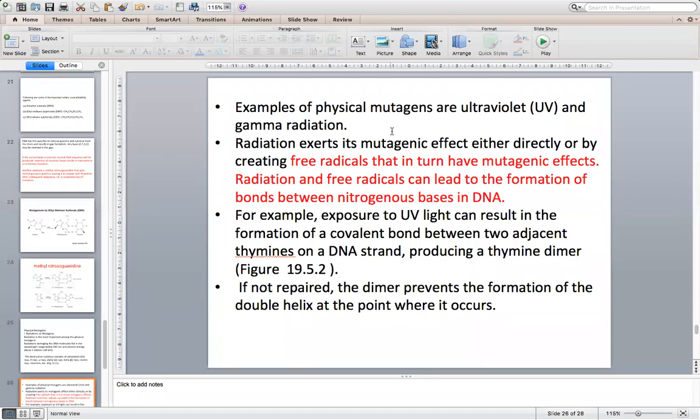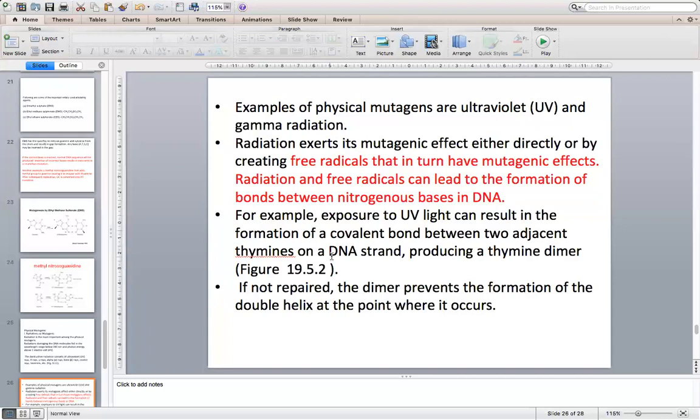So thymine will pair with thymine or adenine will pair with adenine. A good example is exposure to UV light, which results in the formation of a covalent bond between two adjacent thymines, whereas the thymine has to pair with adenine.